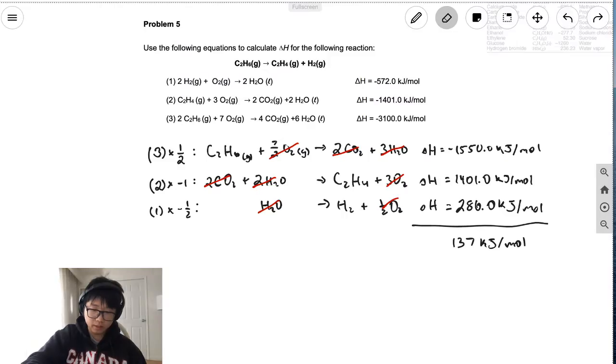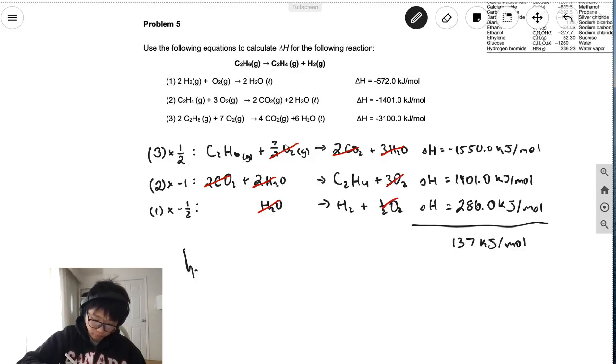If we want to take this one step further, they can ask you how much energy is released, or okay, this is terrible writing. Like this is lagging so bad. When it lags, the writing is really bad.